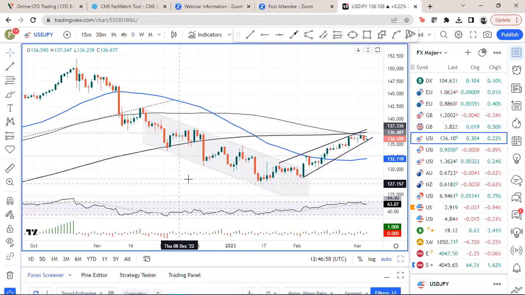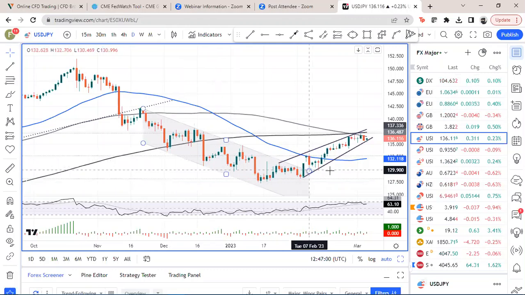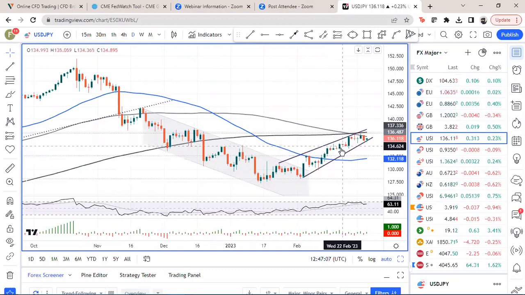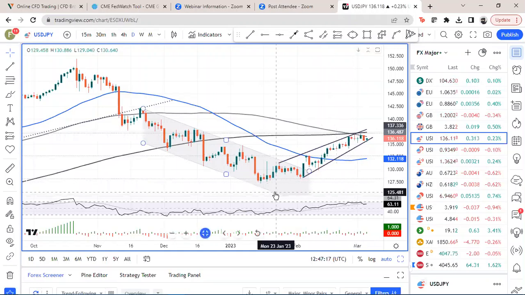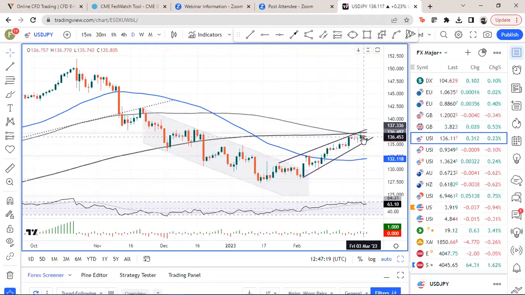So just moving finally to dollar yen, you could see it broke out of that descending channel, a nice series of higher highs, higher lows, but possibly got a rising wedge here, so potentially rolling over. We've hit resistance at the 200-day moving average at 137.33, also a fib level, and then the 100-day moving average closer to home at 136.48.